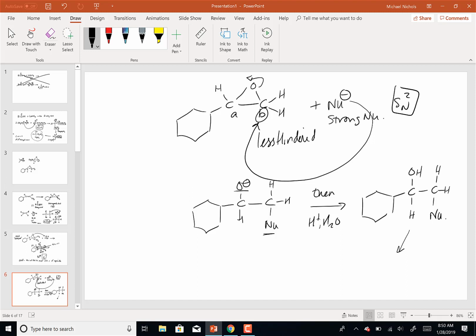And I'll end with this. Carbons and hydrogens can never leave. I mean, okay, there is a system in organic chemistry, right? Hopefully you've started to see some of the patterns.